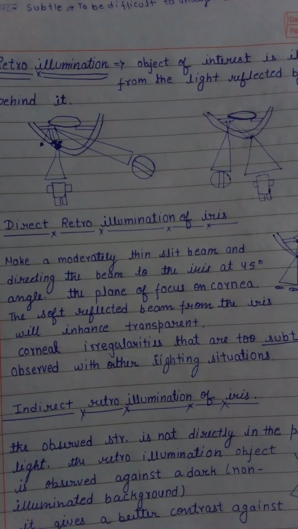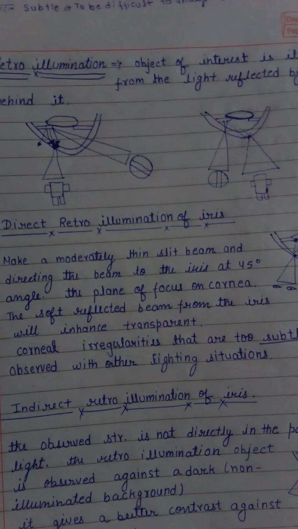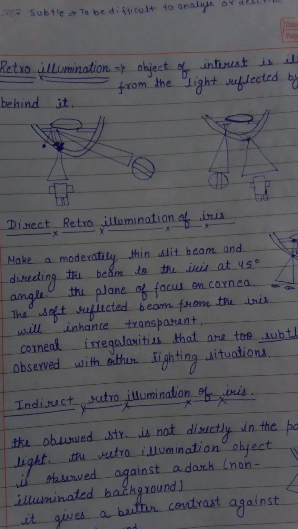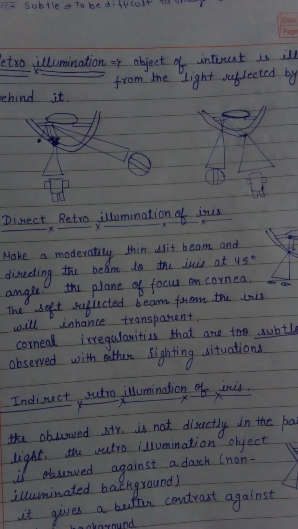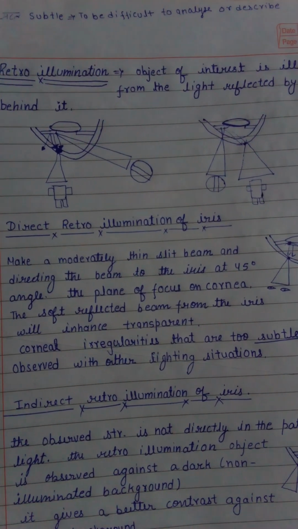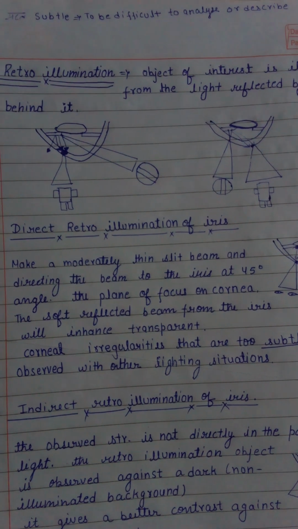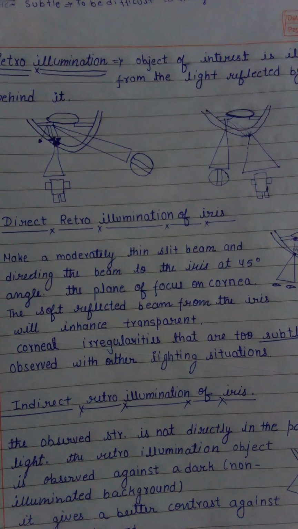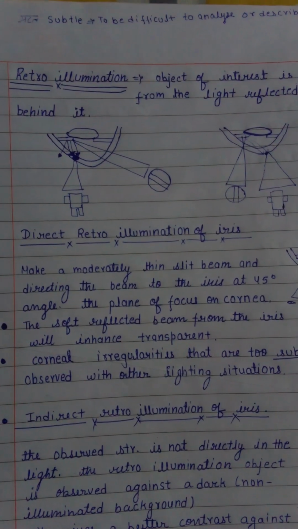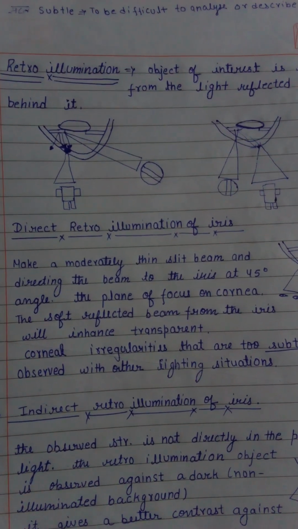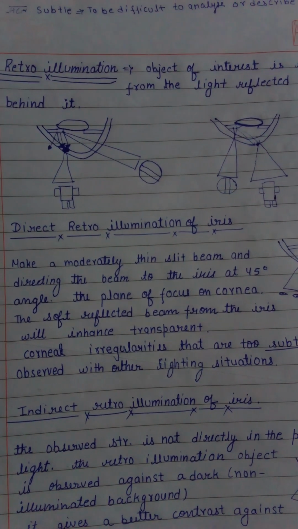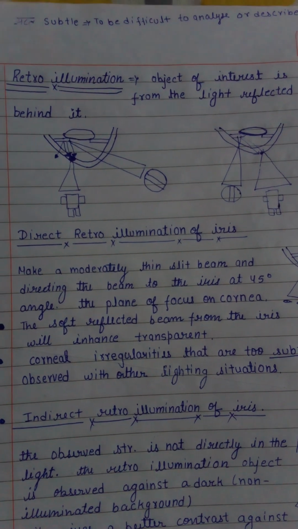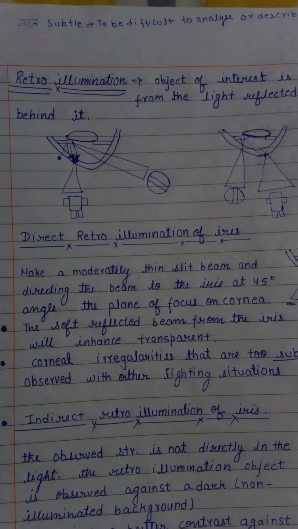Based on where and how you put the light, there are different types of retroillumination. In this picture the object of interest is on the cornea, so the viewing system is directed onto the cornea, whereas the illumination system is putting light directly onto the iris, which is situated exactly behind this opacity of the cornea.